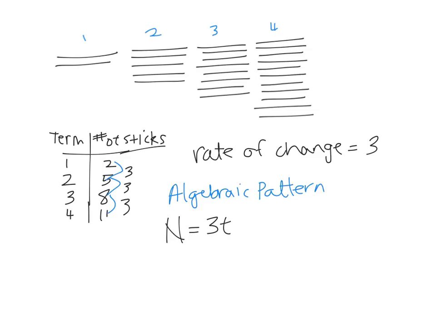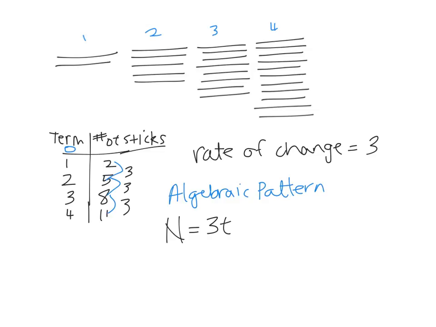However, what I need to now find is the initial value. Remember, the initial value is the value of y when x equals 0. So it's like I'm imagining there's the 0 up here. What's the value of y going to be if x equals 0?